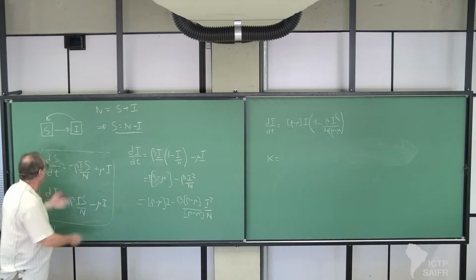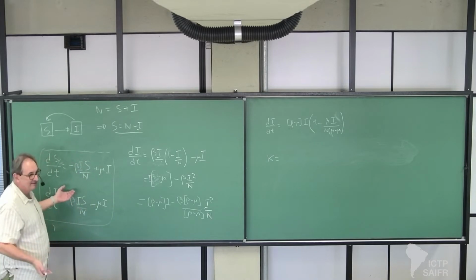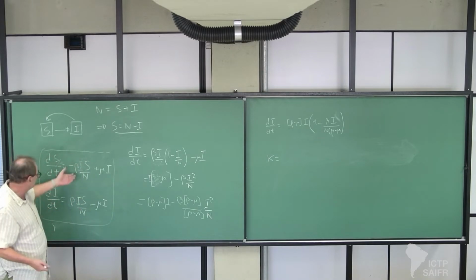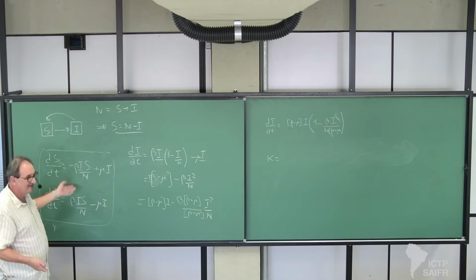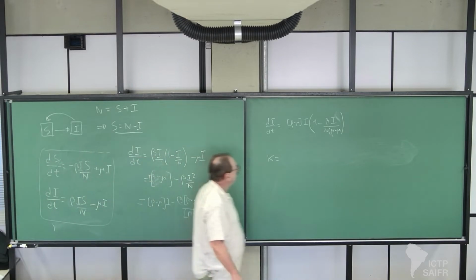The one before was a different beta; it's just a name for the constant. Now I understand.